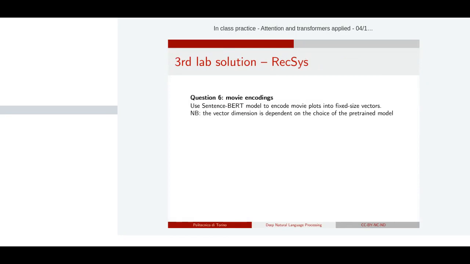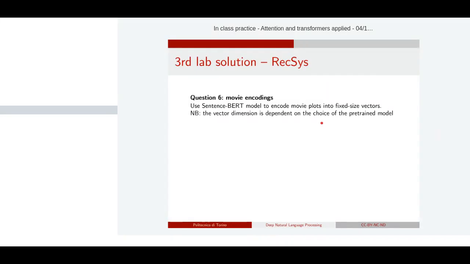Going on, after information retrieval, the idea was to use Elasticsearch to build a recommendation system. It's a very basic recommendation system because it takes into account only the fact that you have seen a given movie, with a given plot, to search for similar movies.